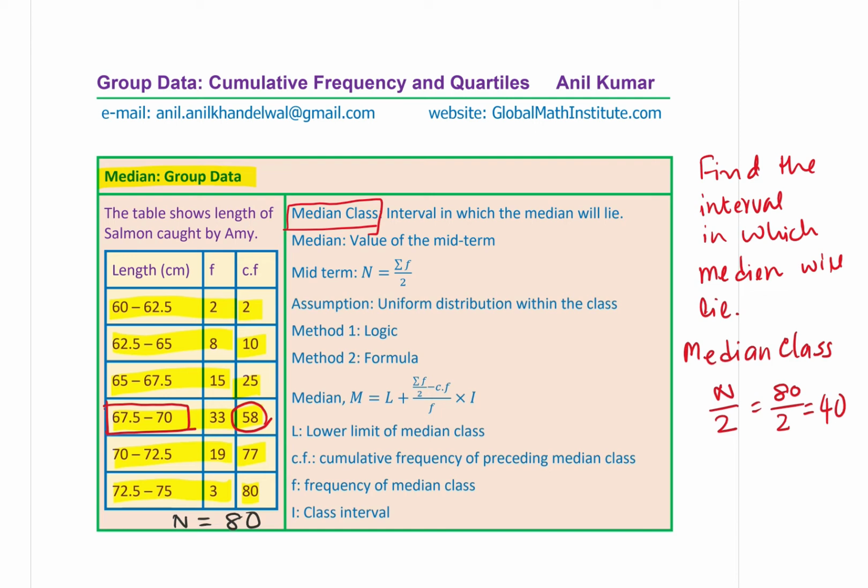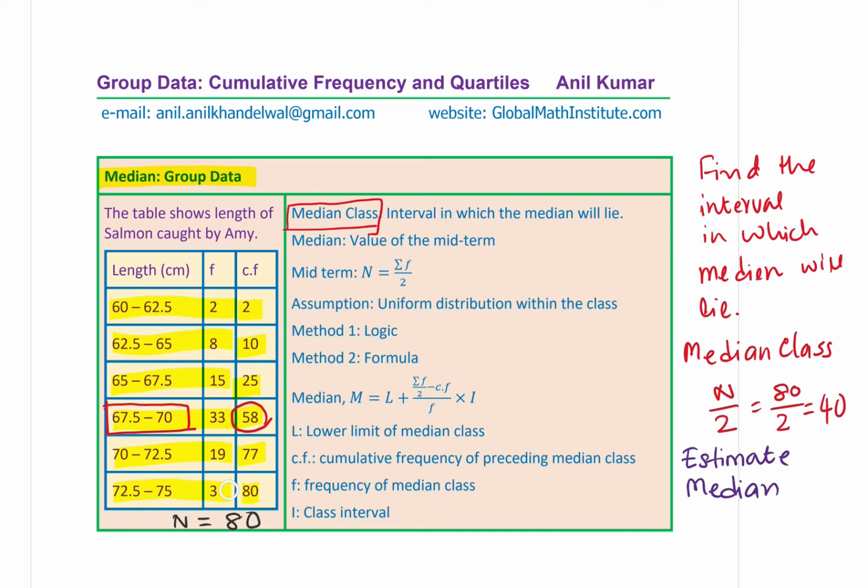Now the second part here is to estimate the median value. We know it is the middle value. However, when the data is given to you in grouped form, we don't know exactly what the data is. We know that all the points will lie within this interval.